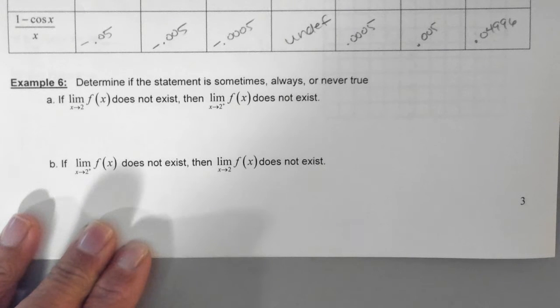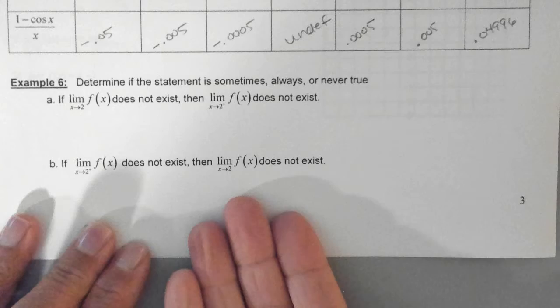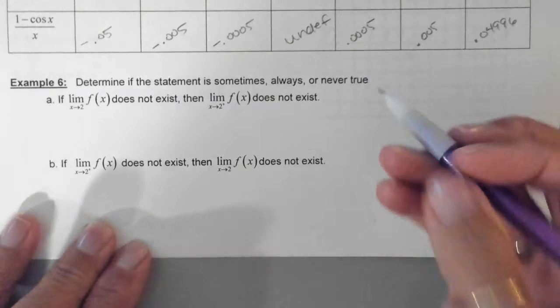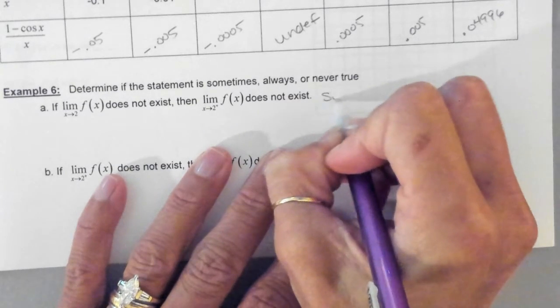So what you need to think about is, what's going to make the limit as x approaches 2 overall not exist? Okay, they don't meet, but is it possible that the limit from the right would still exist? Yes. Okay, so is this sometimes, always, or never true? Sometimes. Okay, so let's take a look.